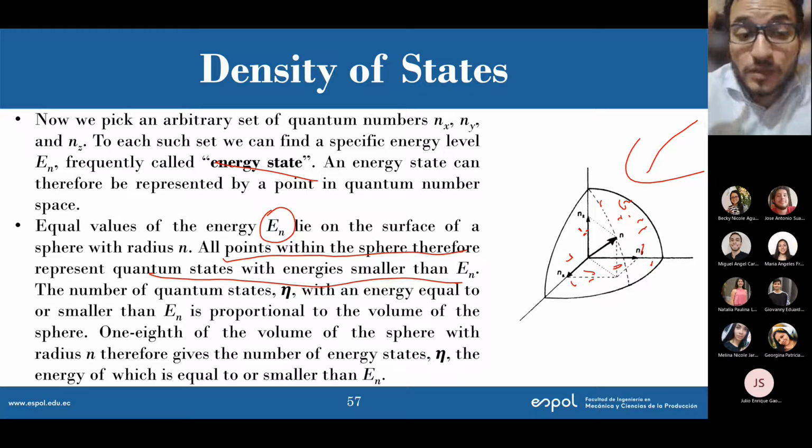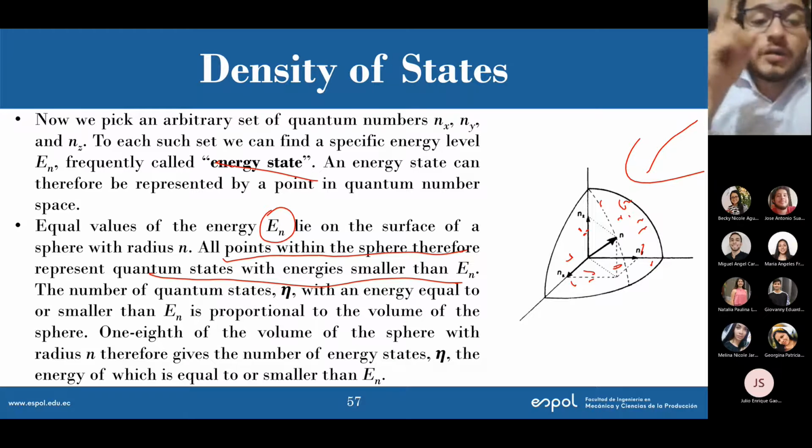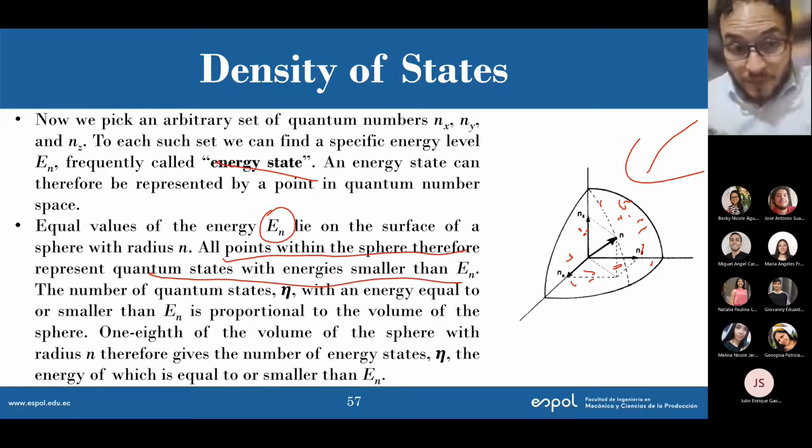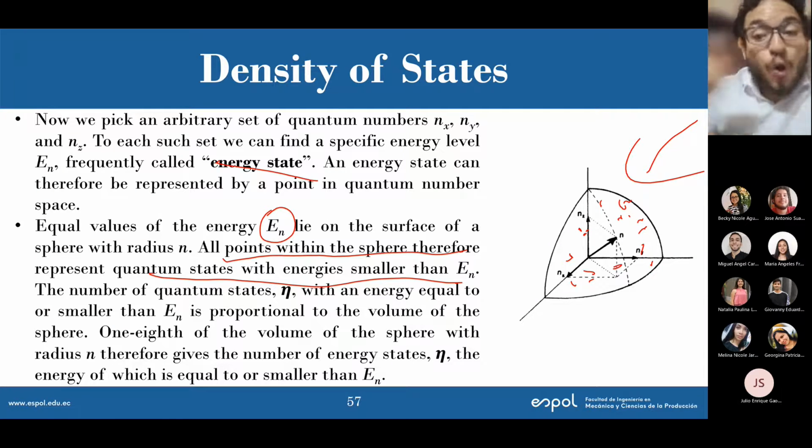Okay? Now, I was talking about values of energy within the sphere and on the surface of the sphere. And I was talking about quantum states, right? A quantum state basically is a state of a quantized system that is described by a set of quantum numbers. So the number of quantum states with an energy that is equal or smaller than En, so equal or smaller than the energy that I have on the surface, is basically proportional to the volume of the sphere.